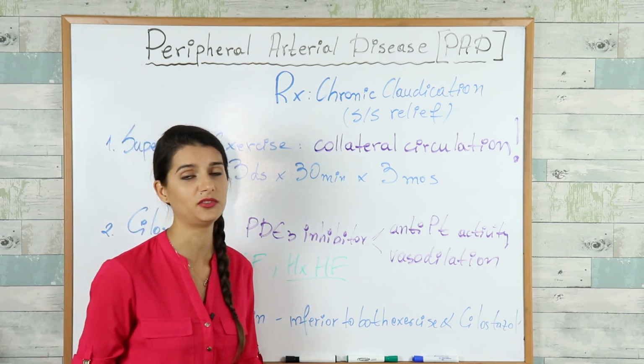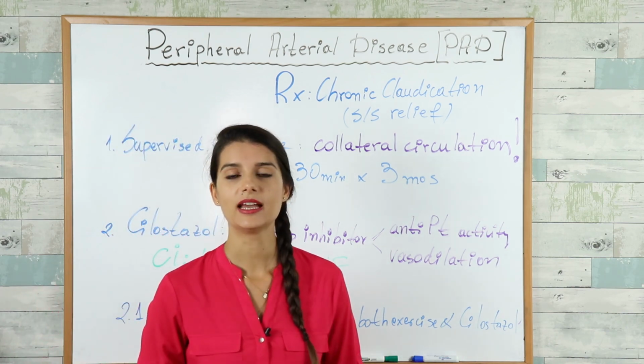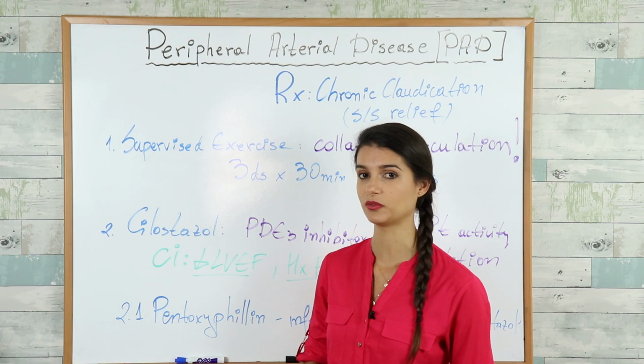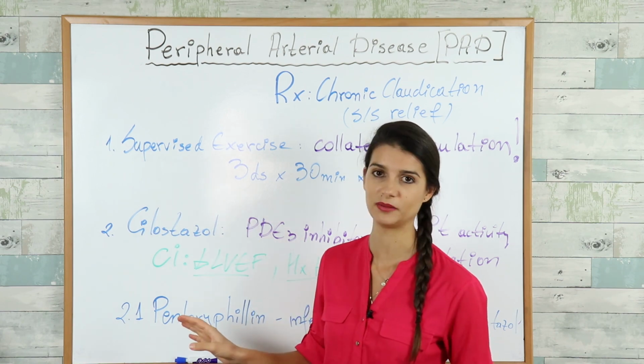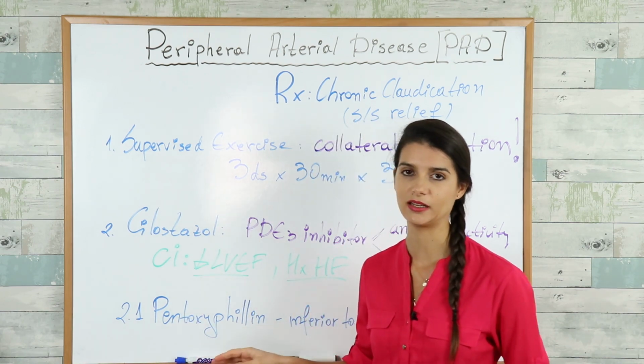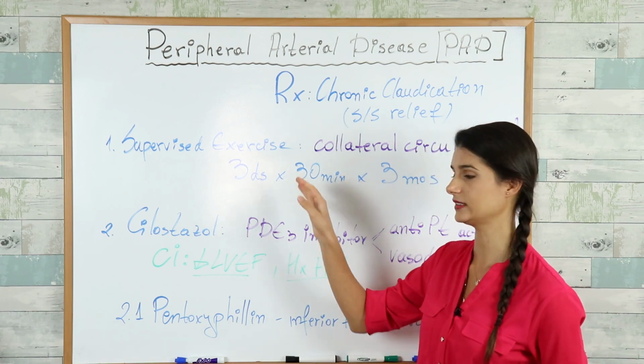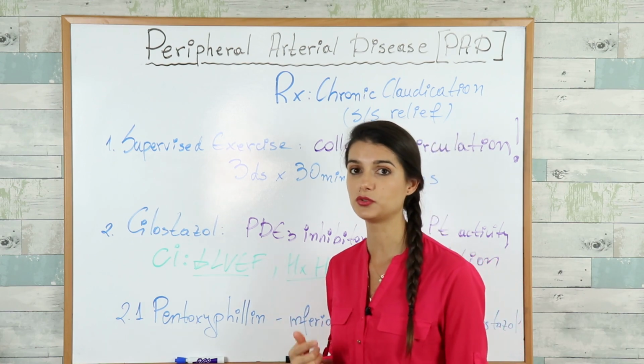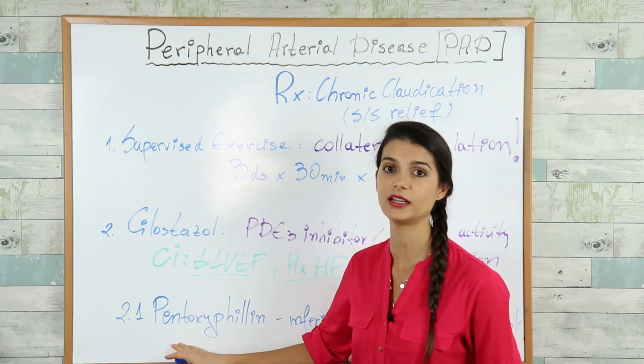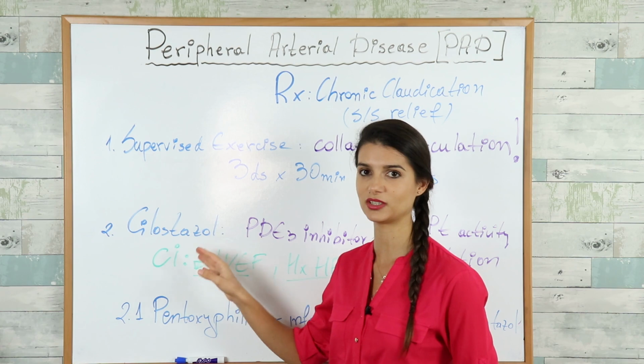And the other drug that you will see on the STEP exams as an alternative to cilostazol, they're going to list all of them there, is pentoxifylline. Remember that pentoxifylline is inferior to both exercise and cilostazol. So if you can choose between cilostazol and pentoxifylline, always choose cilostazol.